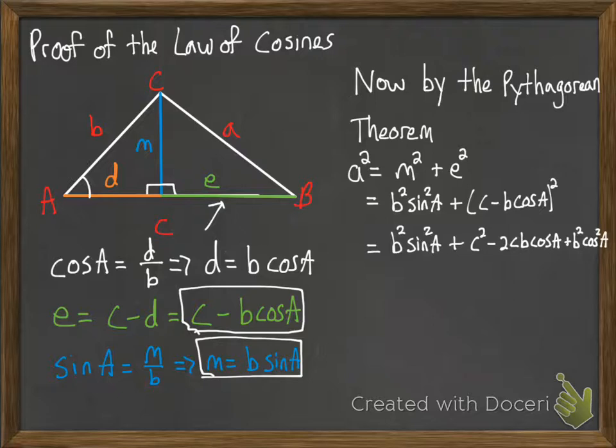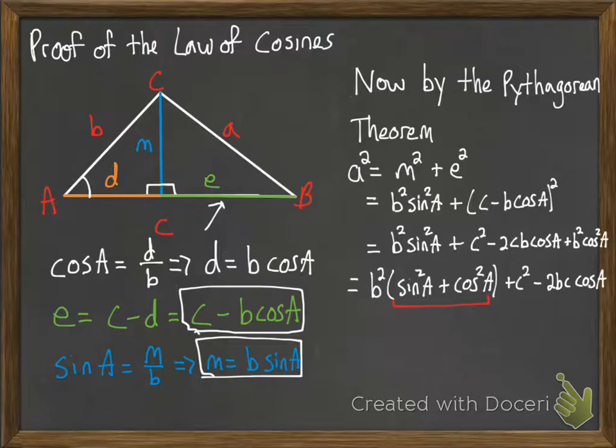Now I'll have a B squared in two of those terms, B squared sine squared of A and B squared cosine squared of A. So I'm going to put those two things together and factor out a B squared. And then everything else I'm just going to leave on there. So C squared minus 2BC, just rearranging the letters there, cosine of A. Now what is sine squared A plus cosine squared A?